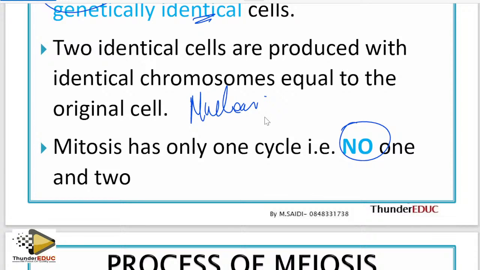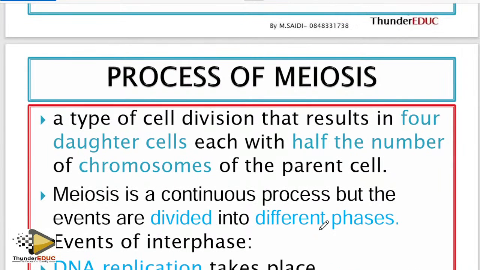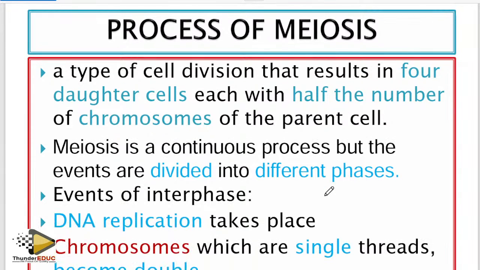So when we go to the next part, the process of meiosis, what are you supposed to look at? We need to look at the four cells which are formed.